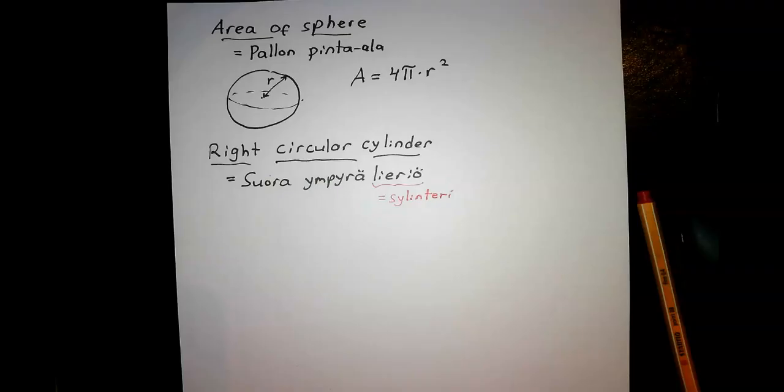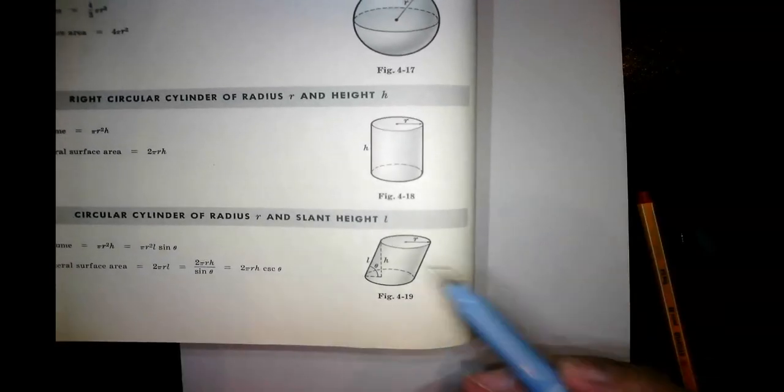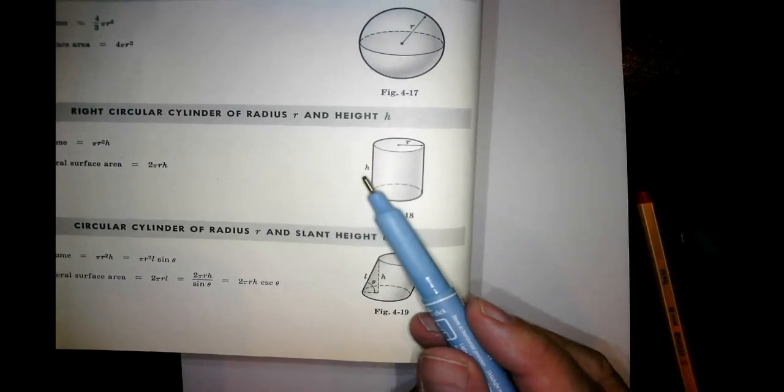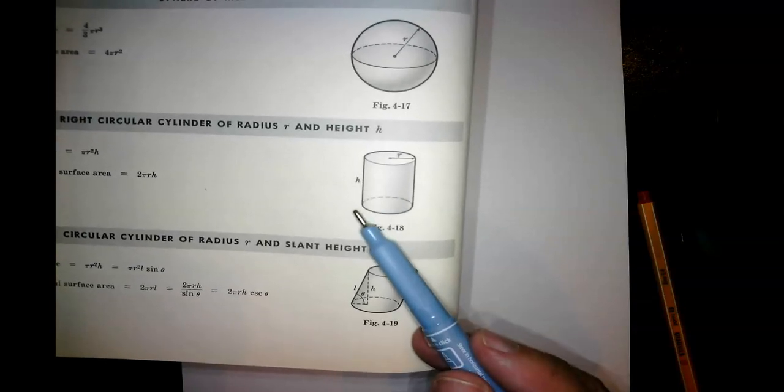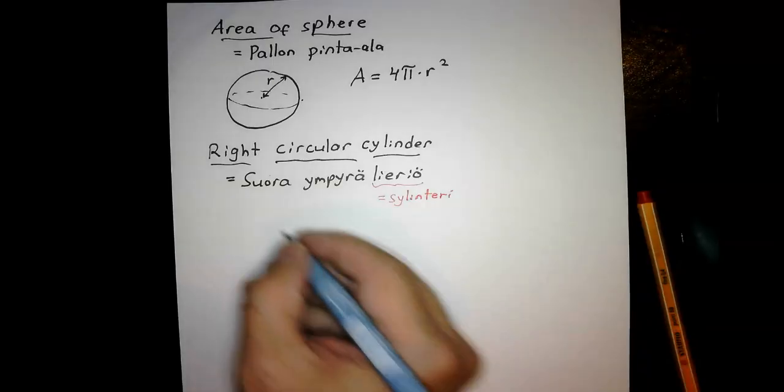And in this book we have the same letters. H stands for the height of the figure, and R stands for the radius of that circle.